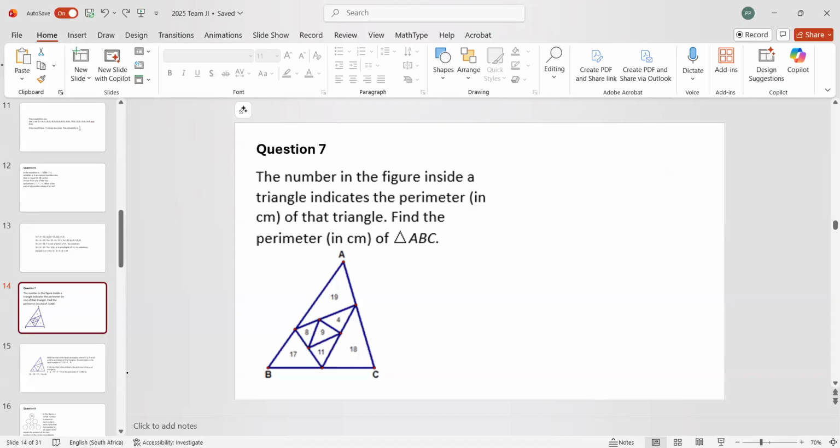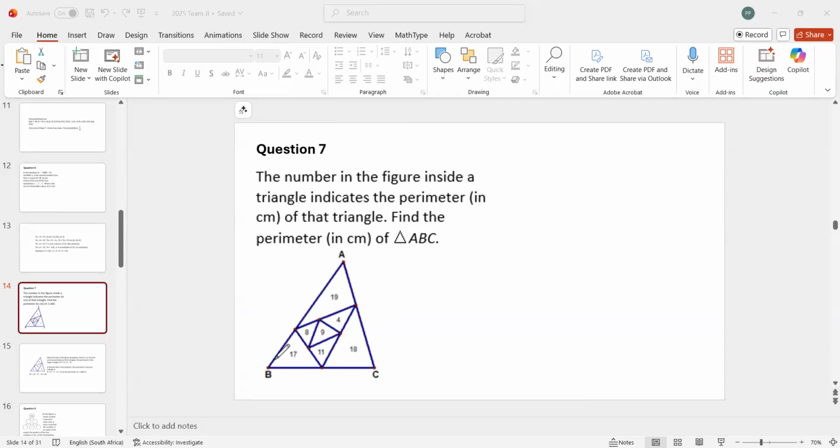The perimeter is the sum of all the sides, the full length of the boundary. So the perimeter of a triangle is the sum of the 3 sides of the triangle. So the 19 represents the perimeter, for instance, here. That means when you add that plus that plus that, you get 19.